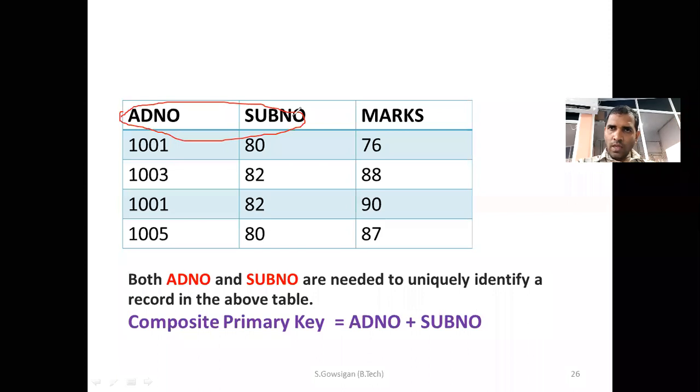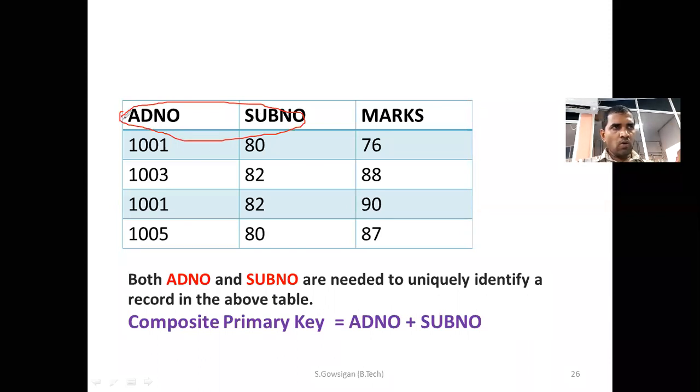Earlier, we took every field individually and identified that they didn't have any unique data, right? So now I combine 2 fields together. For example, I combine admission number and subject number together. So by combining 2 fields together, sometimes you can have unique data.